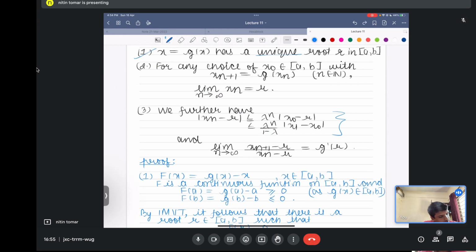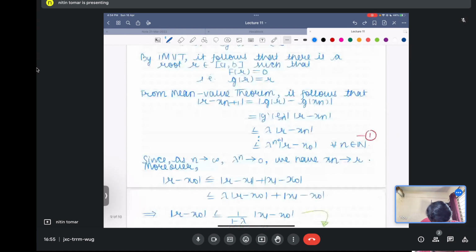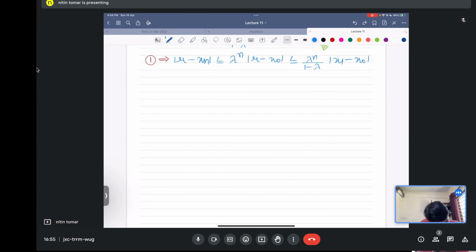So the rest of the two part is left, which I think we don't have time for, but let us see how much we can prove. Okay, let us try to finish this theorem.